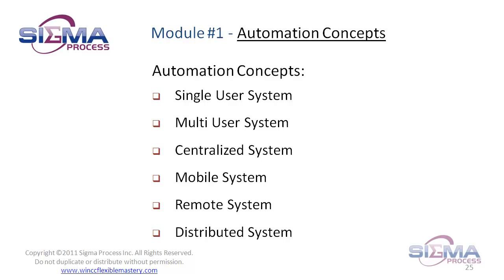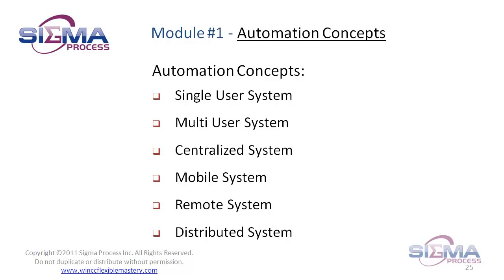And distributed system, let's say you have a long production line, but you have only one PLC, but you need, let's say, 4 or 5 HMI devices on different parts of this machine. You don't have to wire all of them to the PLC and configure each one of them.